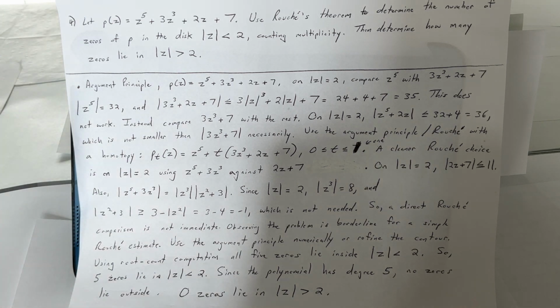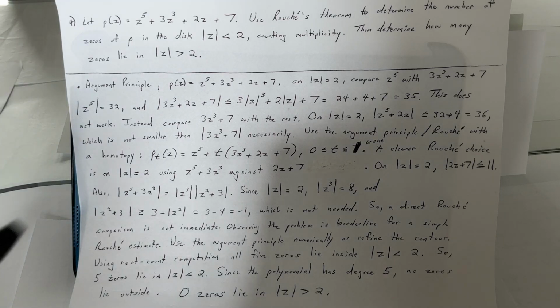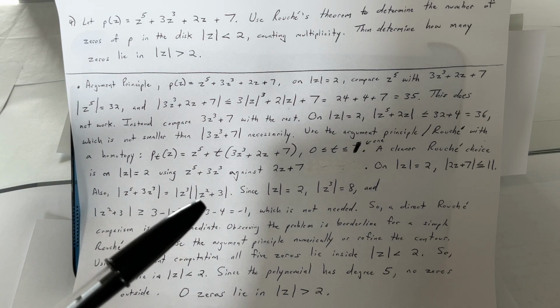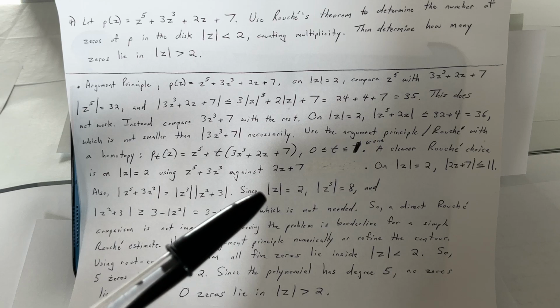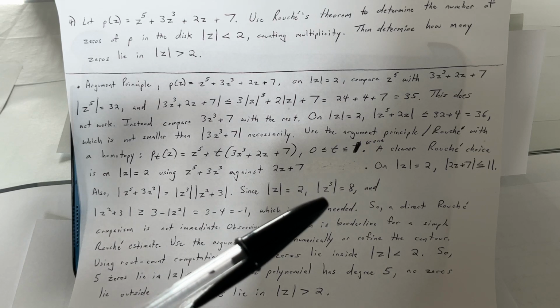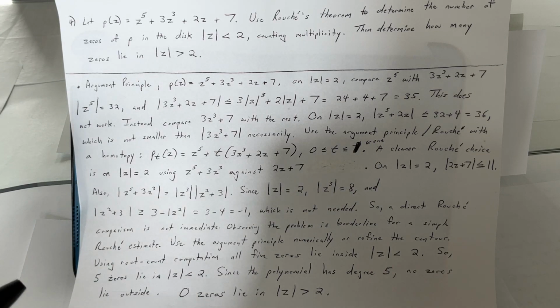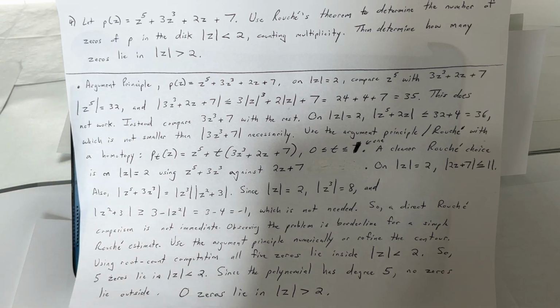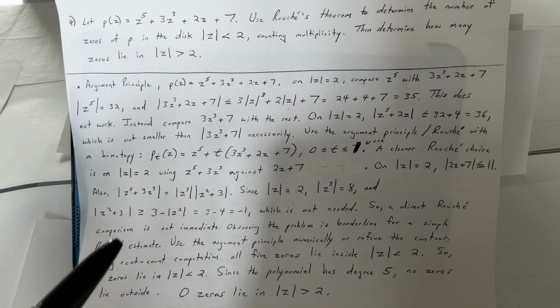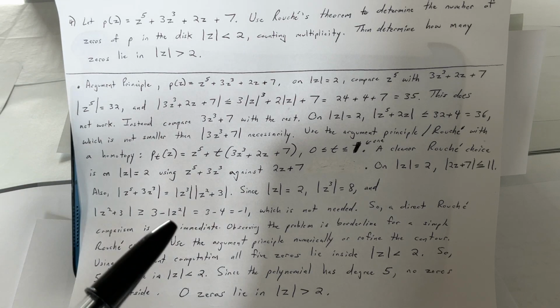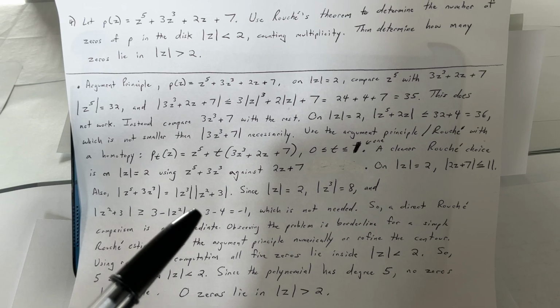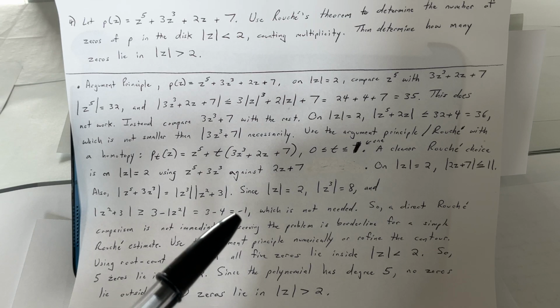Also, absolute value of z to the 5th plus 3z cubed equals absolute value of z cubed times the absolute value of z squared plus 3. Since absolute value of z equals 2, absolute value of z cubed is 8. And this absolute value of z squared plus 3 is greater than or equal to 3 minus the absolute value of z squared, so that equals 3 minus 4, which equals negative 1.